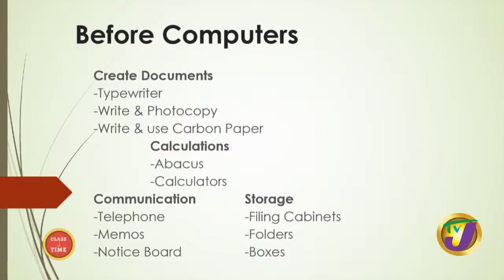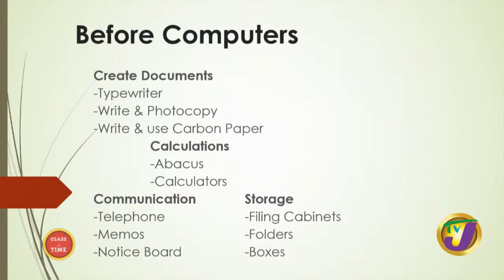Before the typewriter, you would have to write the document and then photocopy it if you wanted a duplicate. Before the photocopier came in, however, you would write the document and use carbon paper to get a duplicate, or you would simply have to rewrite the document as many times as you wanted for duplication.